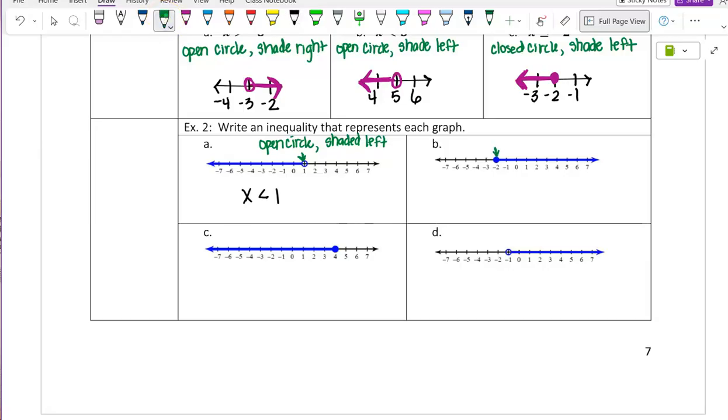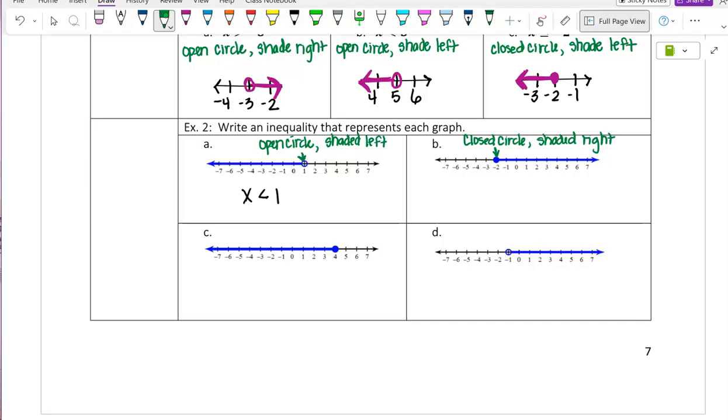Graph B, do we have an open circle or a closed circle? Closed circle. And we can see it is shaded right. So closed circle means I'm either dealing with greater than or equal to or less than or equal to.